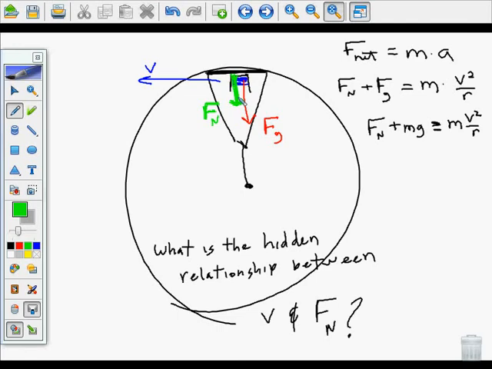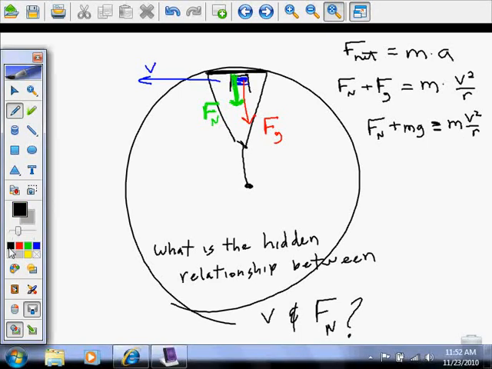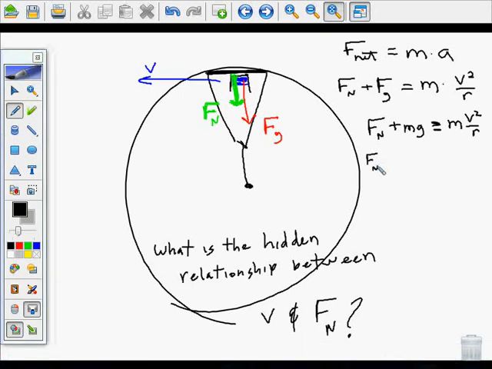Now we know that the normal force plus 0.1 kilogram times 10 meters per second squared equals 0.1 kilogram times the velocity squared over 1 meter.